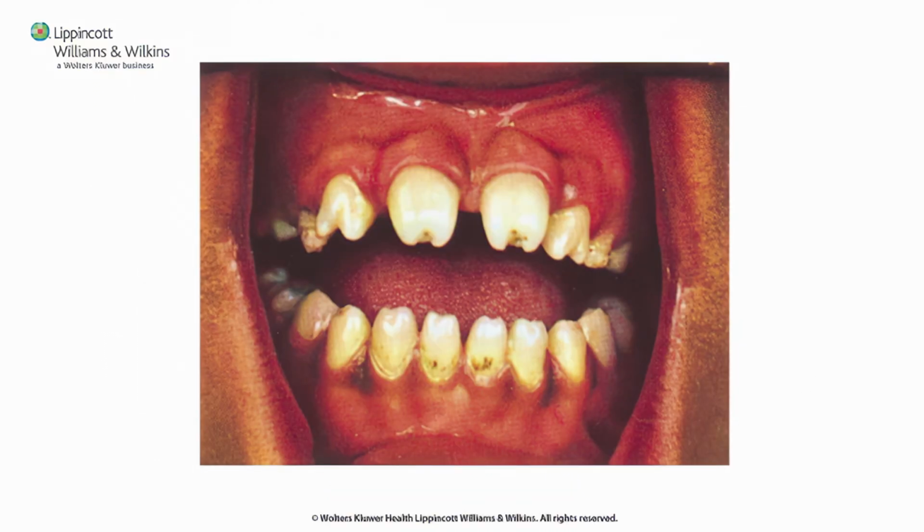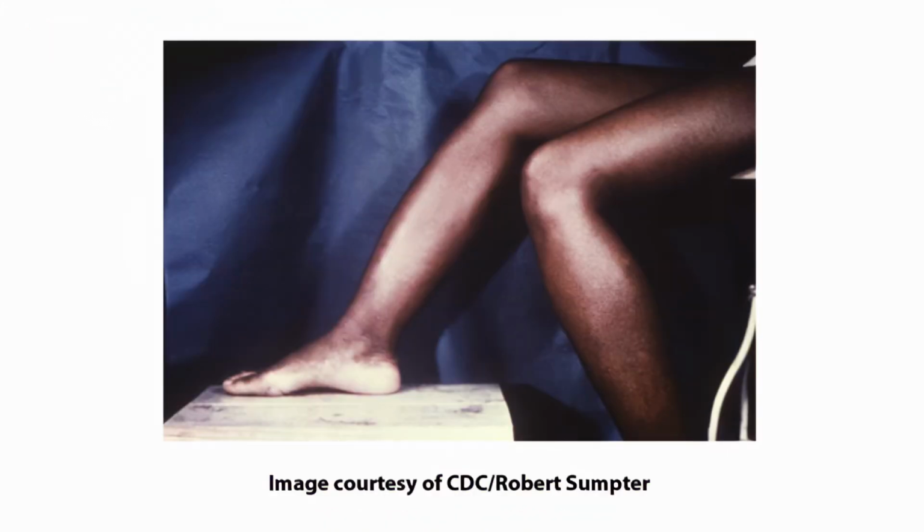This image shows another result of congenital syphilis, which is Hutchinson teeth. These are notched, widely spaced teeth like you see here. Another late sign is saber shins. This is where you have an anterior bowing of the tibia. Some of these complications can be averted with early treatment, while others can't be.